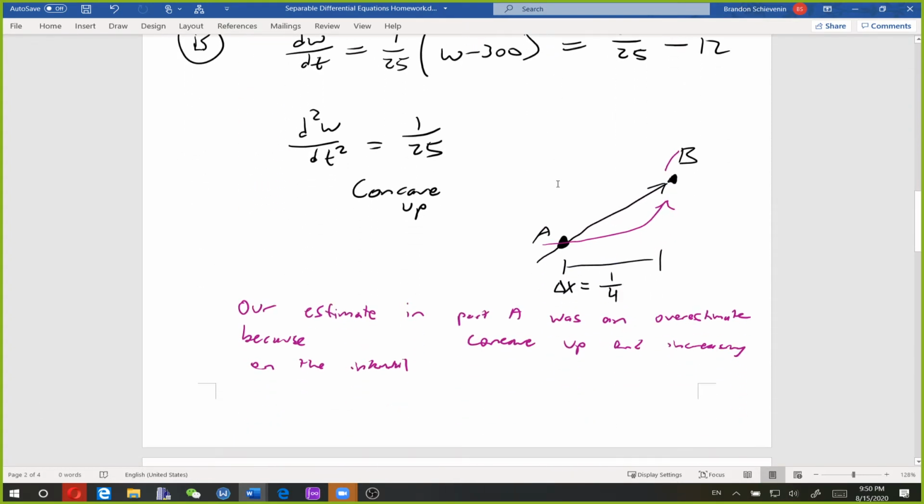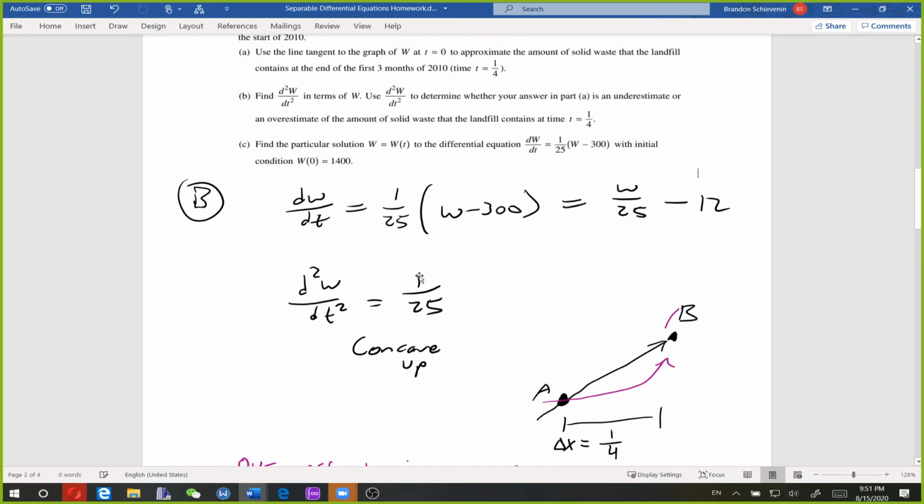So that's tons of solid waste. The tons of solid waste was concave up and increasing on the interval. Okay. Any questions on part B?